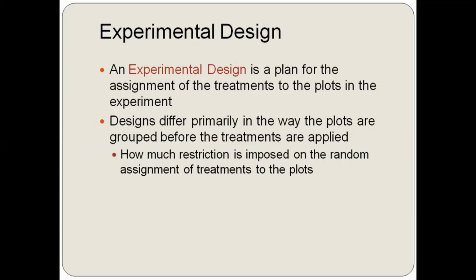This is what we have already said, how we are going to do the randomization. We'll talk about that later, one design by one. By design, this randomization process differs, right?